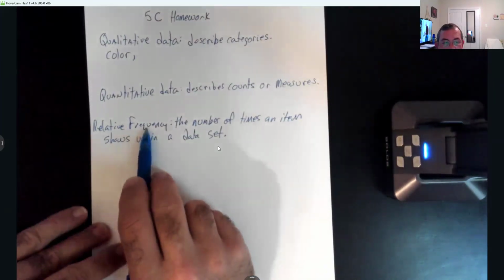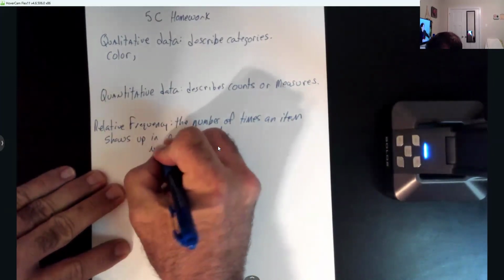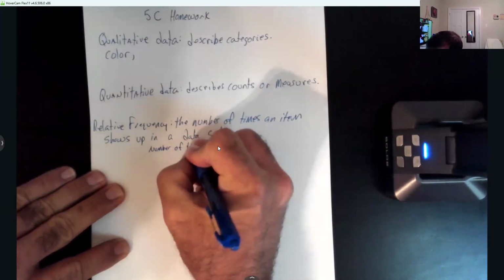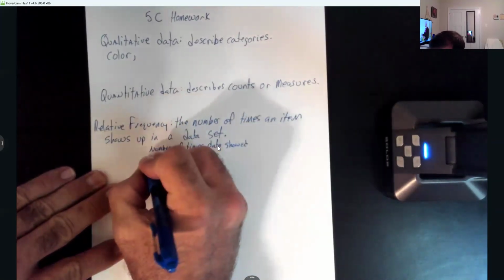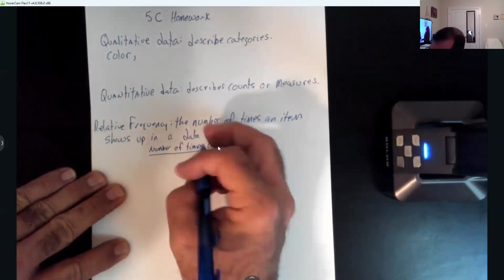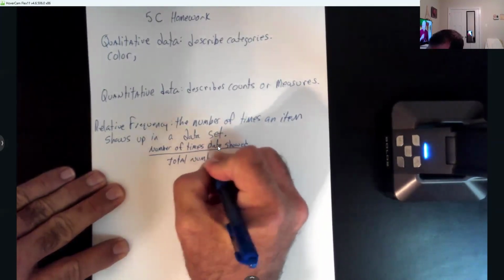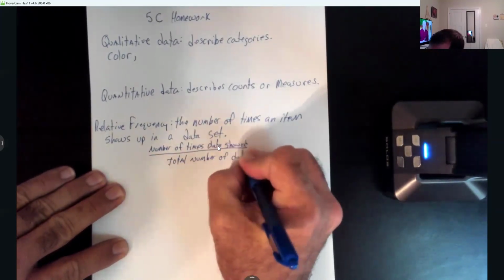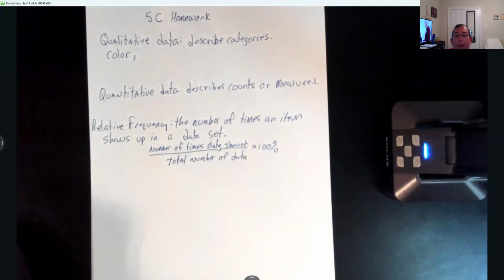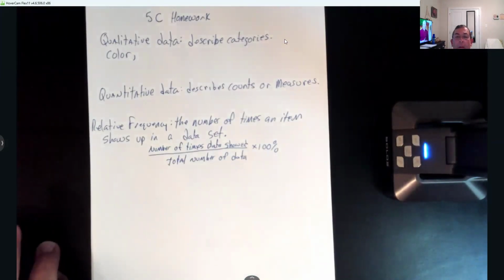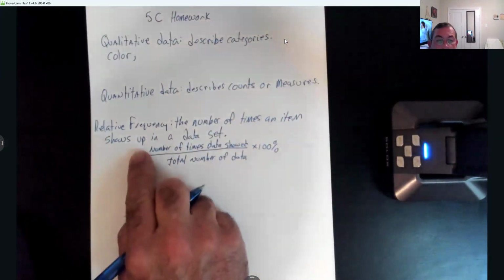Now, to get the actual relative frequency, we take the number of times the data showed up, divide that by the total number of data, and we multiply that by 100%. Okay, so that would be how you find your relative frequency.